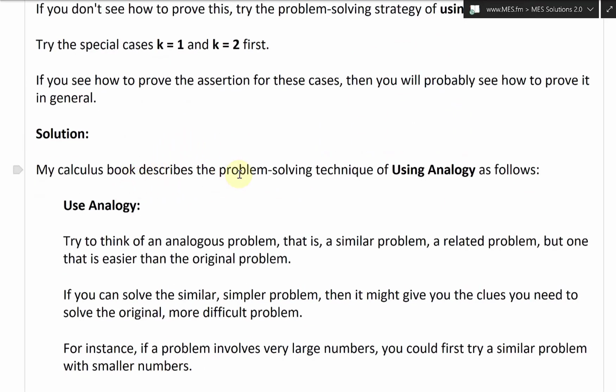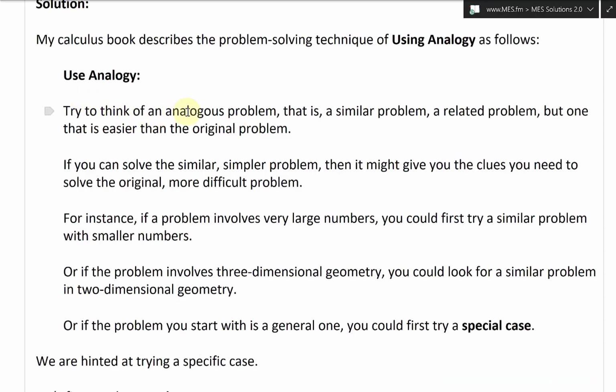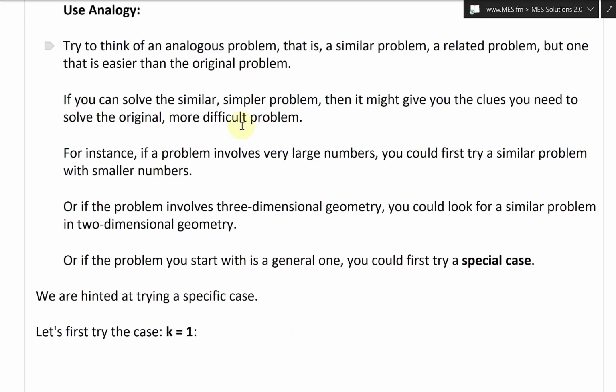My calculus book describes the problem-solving technique of using analogy as follows. Use analogy. Try to think of an analogous problem, that is a similar problem, a related problem, but one that is easier than the original problem. If you can solve the simpler problem, then it might give you the clues you need to solve the original, more difficult problem.